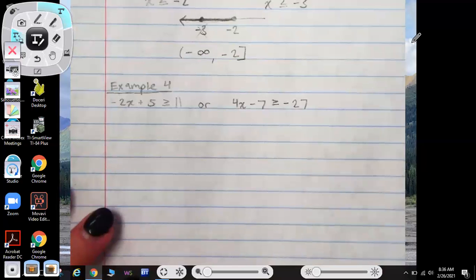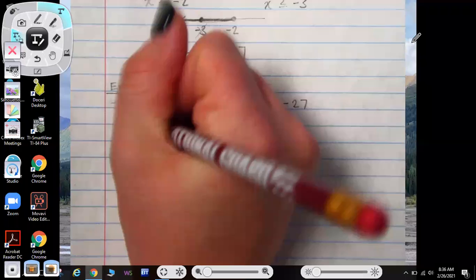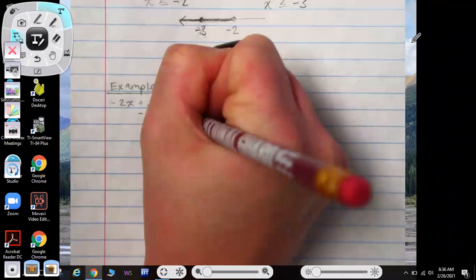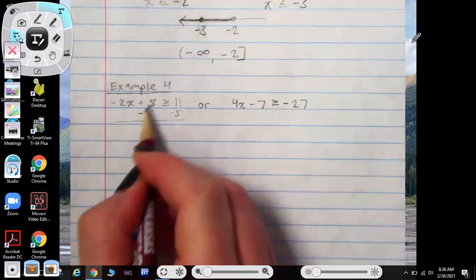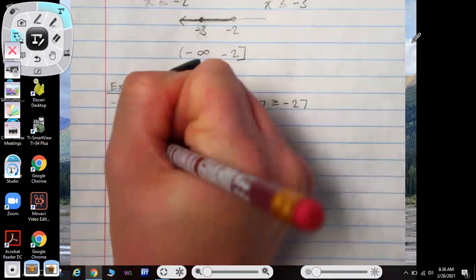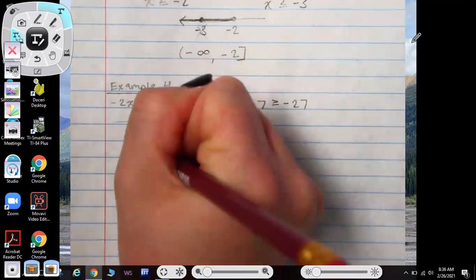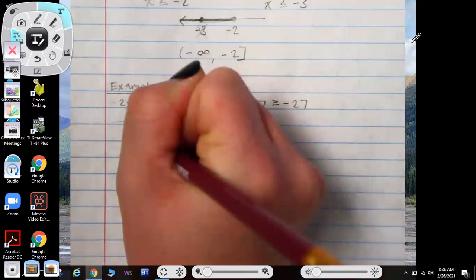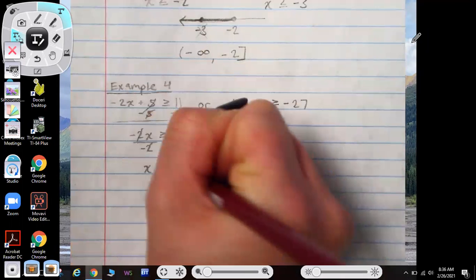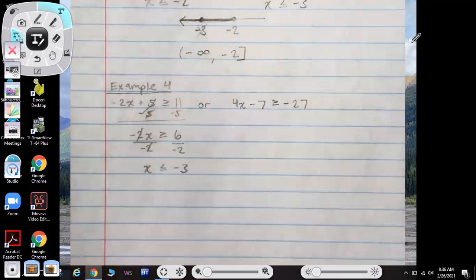So let's solve these inequalities. And the first one, we're going to subtract 5 from both sides. And then divide both sides by -2. Because we divide by a negative, don't forget your sign flips. We get x is less than or equal to -3.